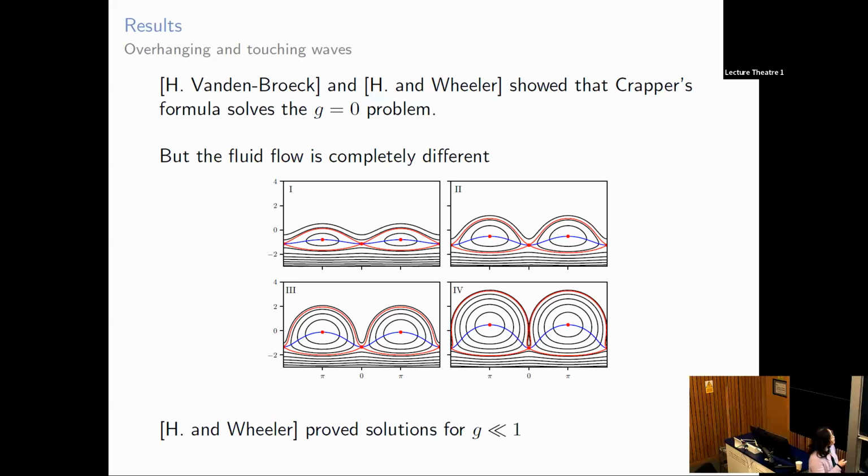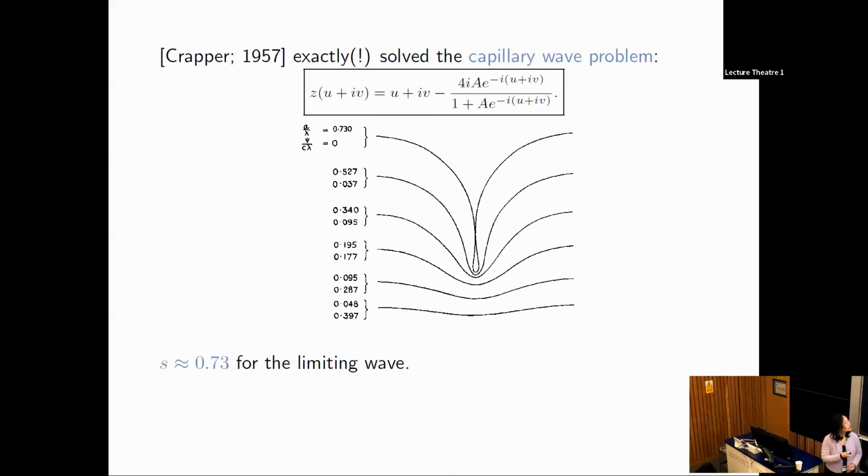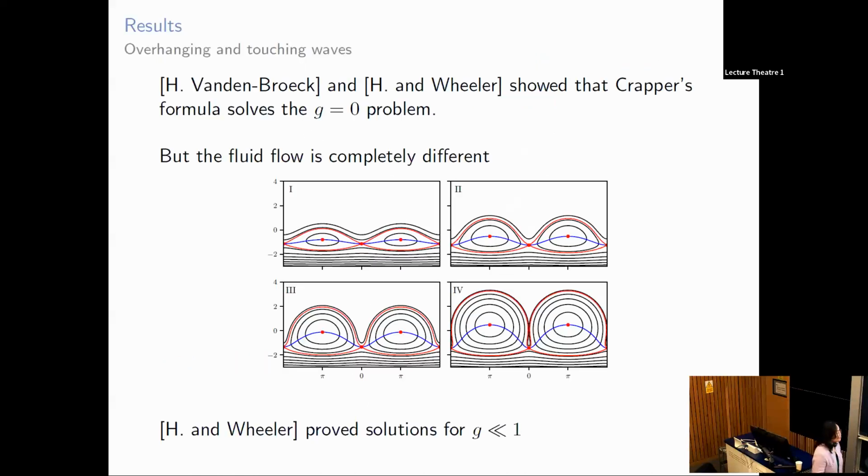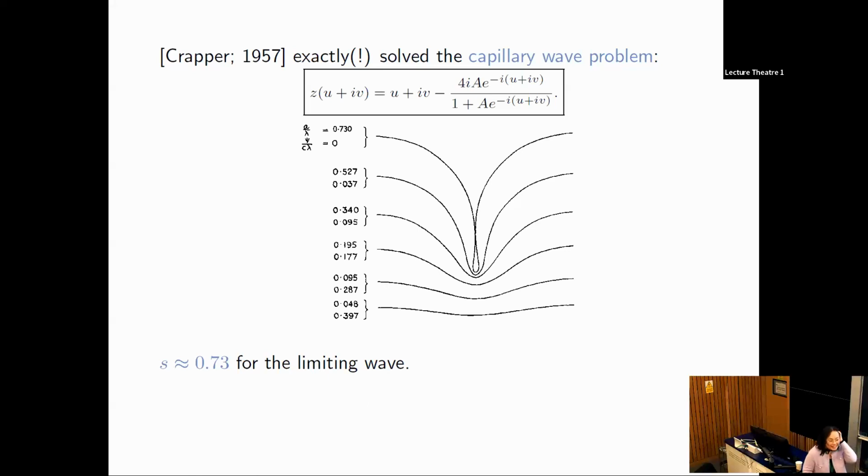And then later with Miles, we were able to prove that, in fact, Crapper's formula solves the constant vorticity problem with zero gravity. And when I say we proved, well, we did the most naive thing: here is a solution and there is an equation, so you plug in and you check. We didn't do any fancy thing that Darren did, but if you need a proof, then I think that's fine.